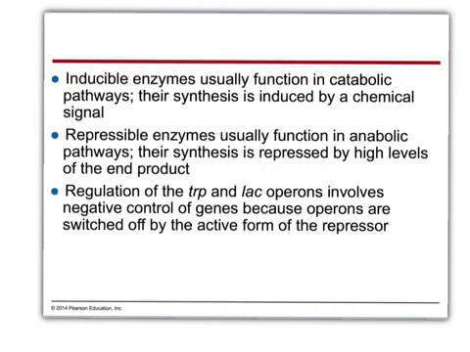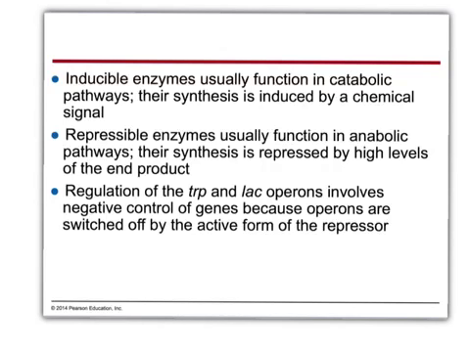All right? On the opposite end, repressible enzymes or repressible operons are usually turned on and involved with anabolic pathways. Right? They're usually on and building something up until the point where you have enough of it. Once you have enough, it's inefficient to continue to make more, right?